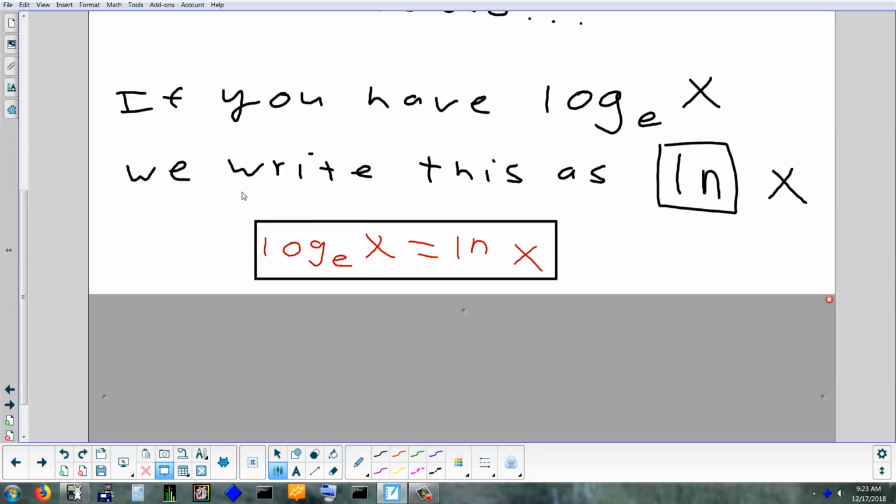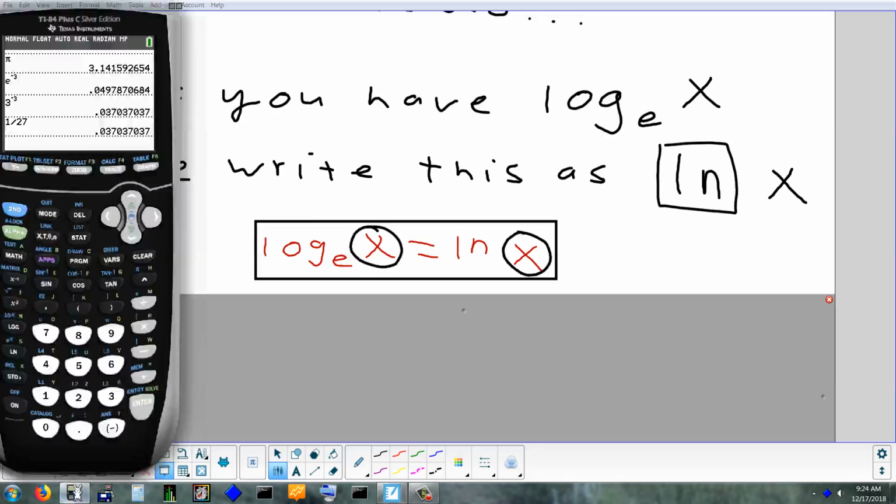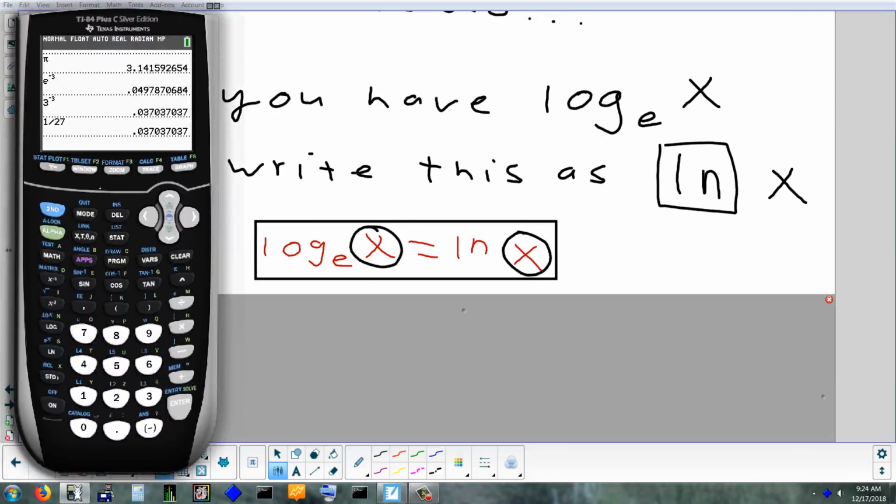And the x is just whatever your argument is. X is called the argument here. It's the same thing. And I can type in ln on the calculator by doing something like this. The ln of 8. 8 is called the argument. It's not doing ln times 8. Right? If you think of that as ln times 8, it's like saying this.